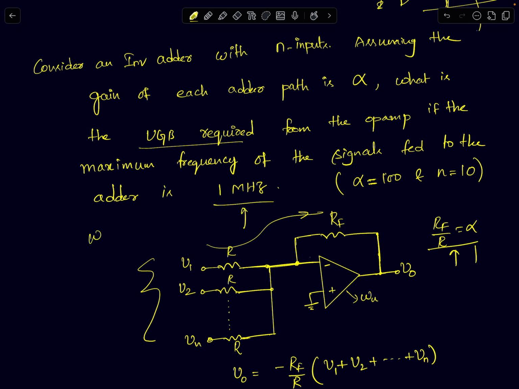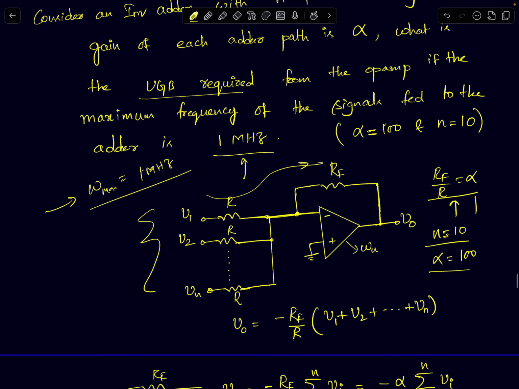So omega max is given to be 1 megahertz, and this is the maximum frequency of the inputs that you're applying to this adder. Assume n equals 10, that is the number of inputs is 10, and alpha equals 100, that is the gain for each path is 100. Now you are supposed to analyze this circuit.